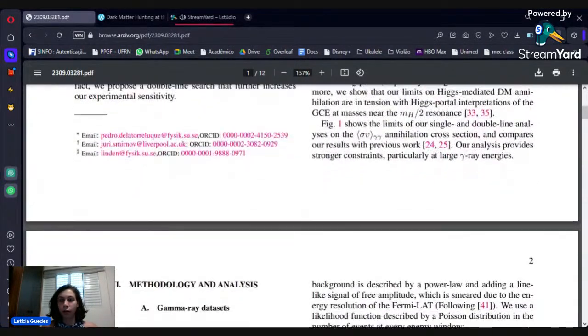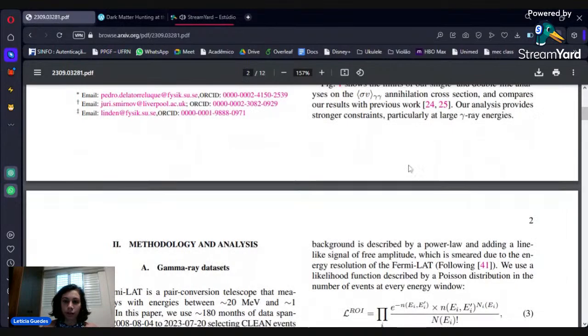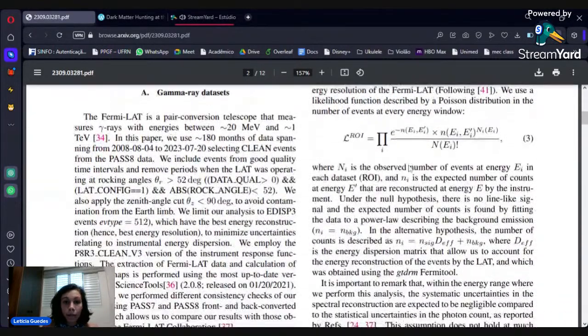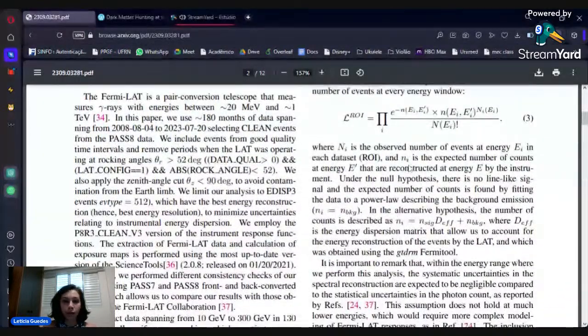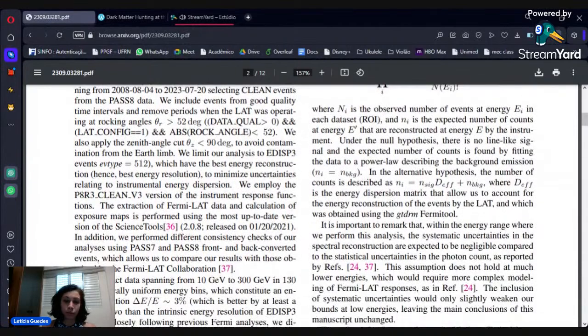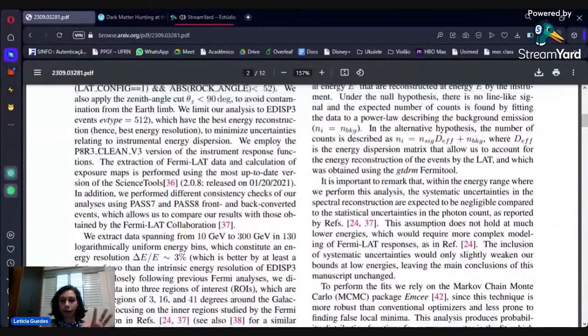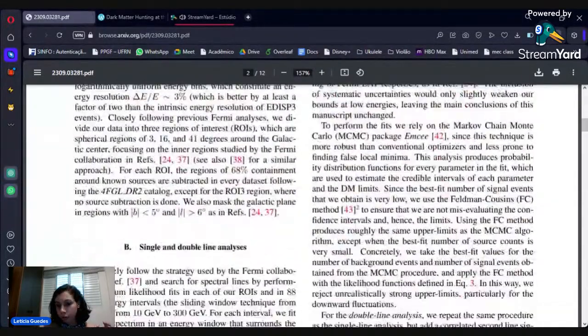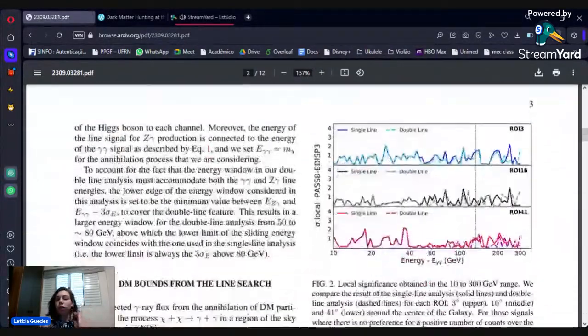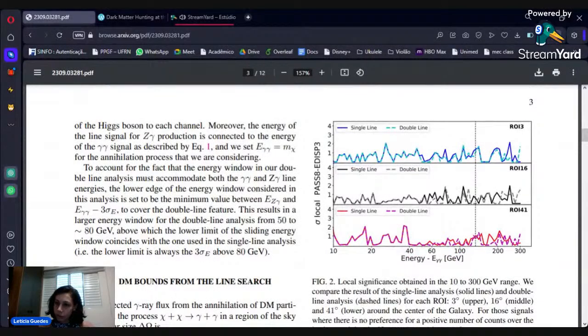So they look at the galactic center. Here it's just describing the methods and how they get the data, and what processes are made to clean the data. We are getting three regions of interest, the ROI, in this graph here, and it works with these three.